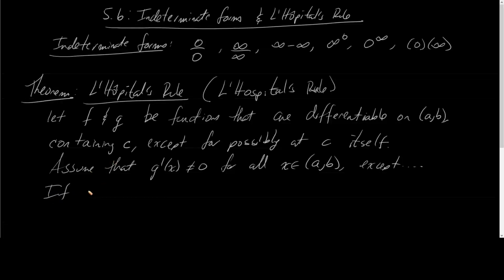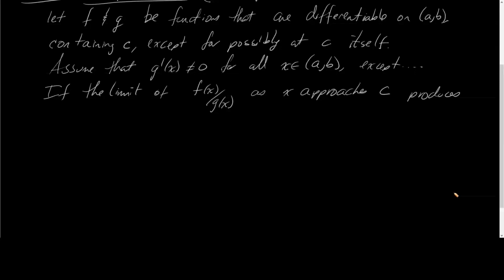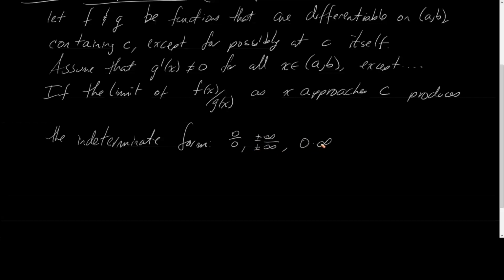If the limit of f of x over g of x as x approaches c produces an indeterminate form, one of these: 0 over 0, infinity over infinity, and these could be plus or minus on both of them, 0 times infinity, and all the other ones, right?